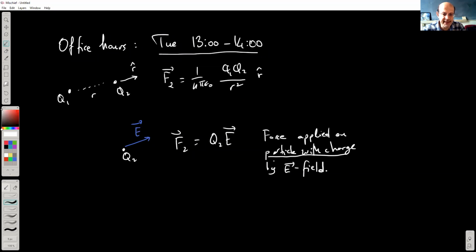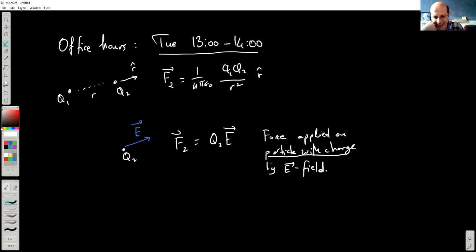I shouldn't actually say charge, but somehow we get used to this idea. Charge is basically that property of the particle. So it's a force applied on the particle. Charge is just a property. It's like the mass, or some other properties of particles.